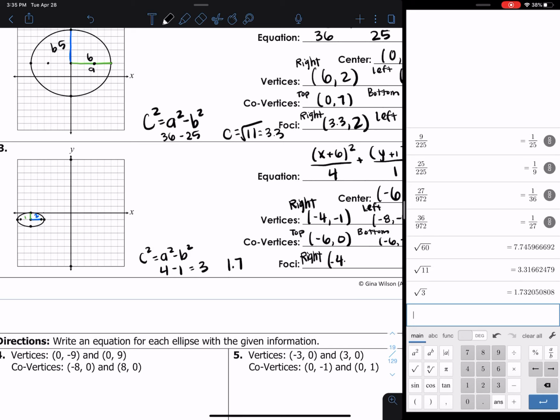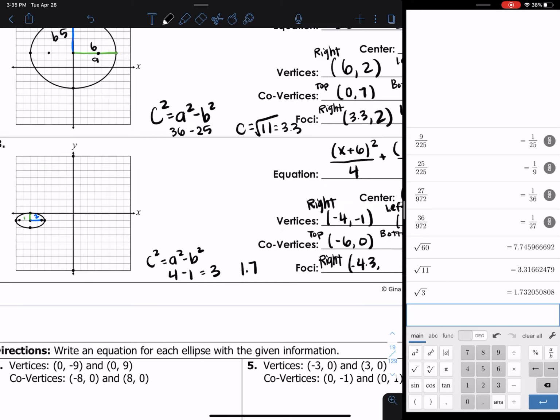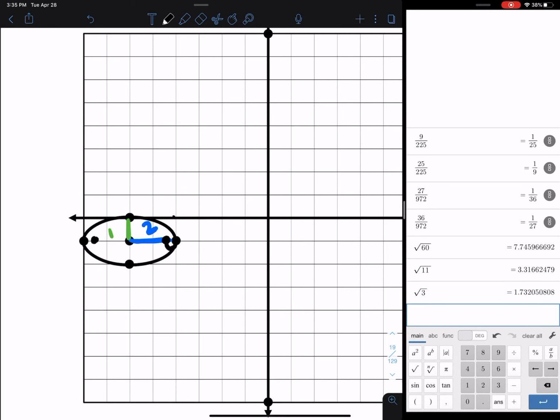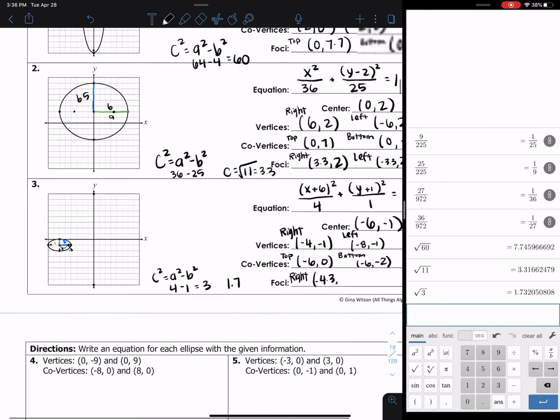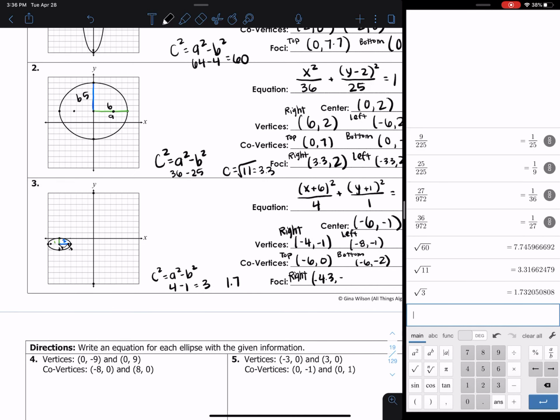This would be -4.3, because we went 1.7 to the right, so from here to here is 0.3, because from here to here is 1.7. So that's (-4.3, -1).